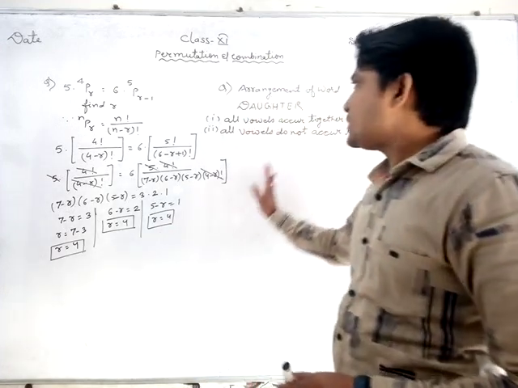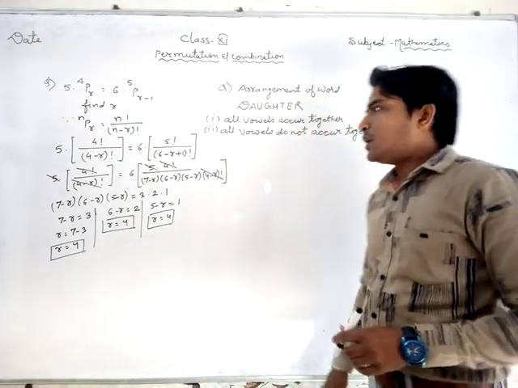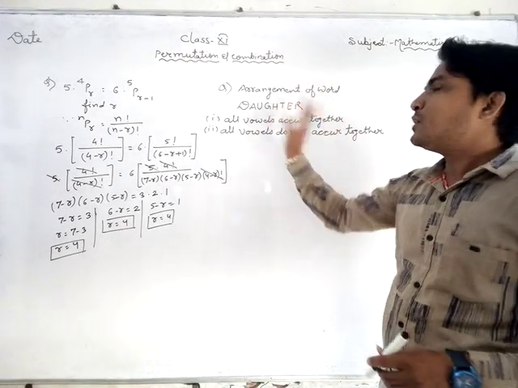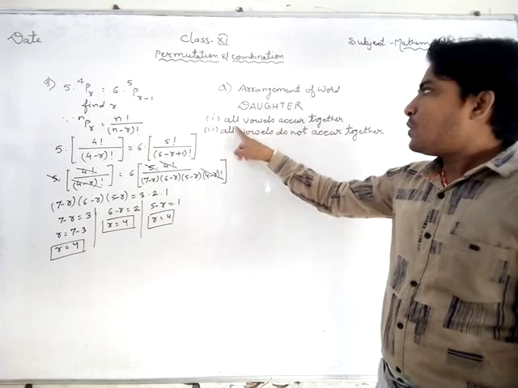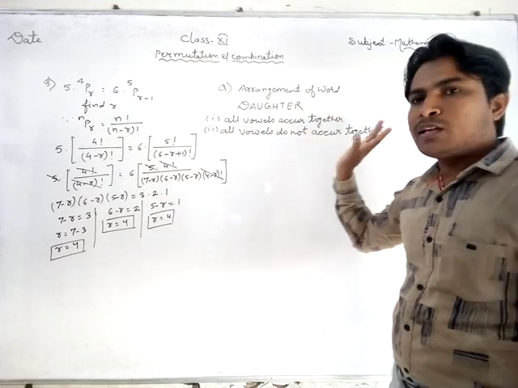Now in this series, our second question is the arrangement of the word DAUGHTER. All vowels occur together is the first question.